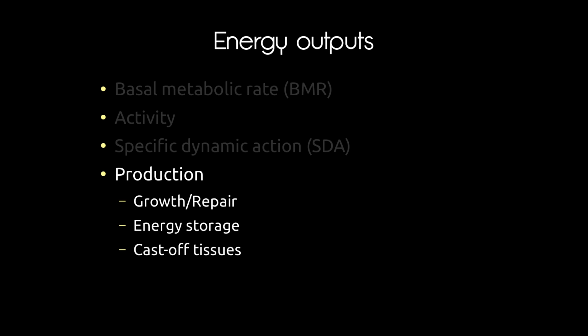Another output of energy is production. This is the creation of tissues or materials by an organism. This can be growth or repair of an organism's body. It can be production of tissues or materials for energy storage, such as fats in most mammals. This can be tissues that are made or that are destined to be cast off of the organism.